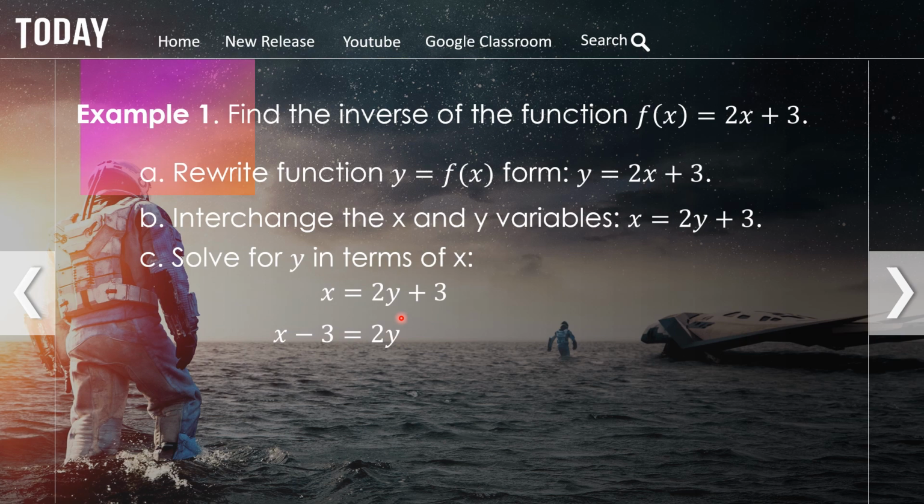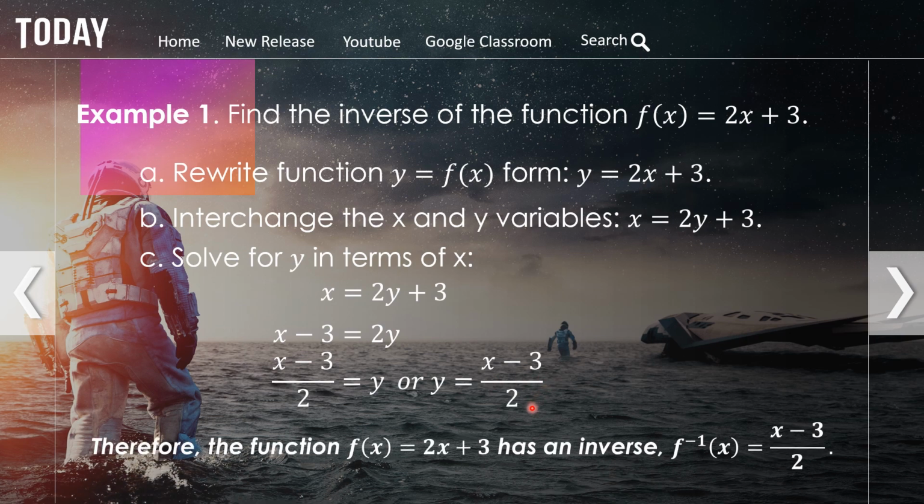Evaluate, we have x minus 3 is equal to 2y. Evaluate further, we have y is equal to x minus 3 over 2. Therefore, the function f of x is equal to 2x plus 3 has an inverse of x minus 3 over 2.